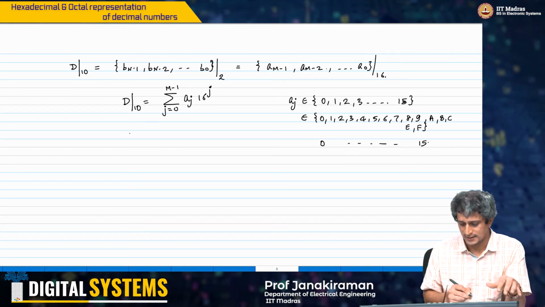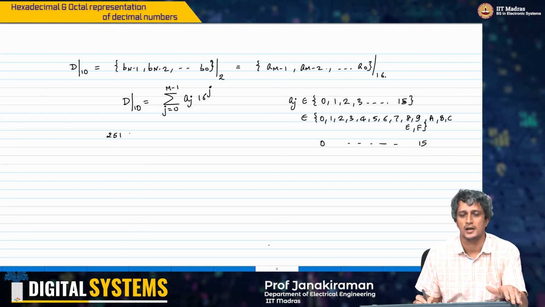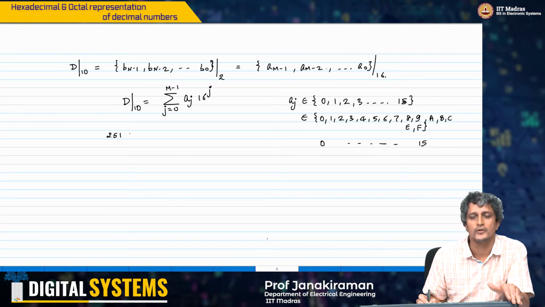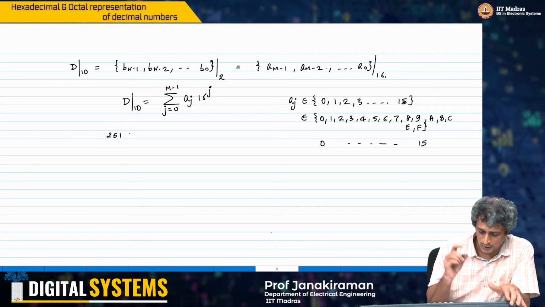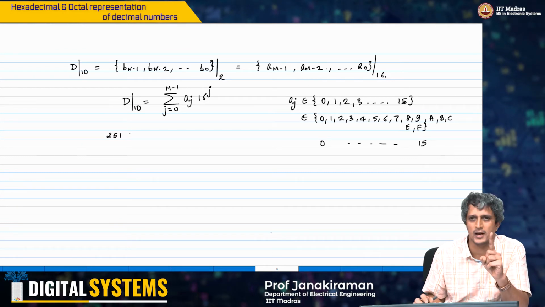So let us look at an example. Let's take the same 251 that we did earlier, and we will see how to go about this. Remember what we did in the decimal to binary conversion.